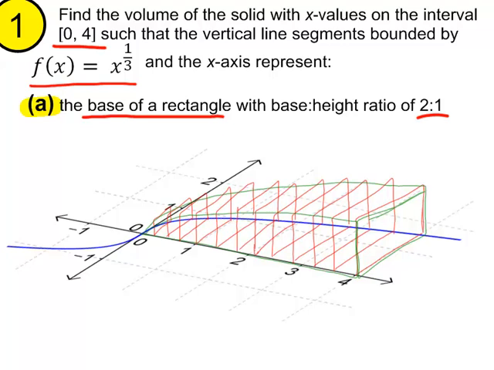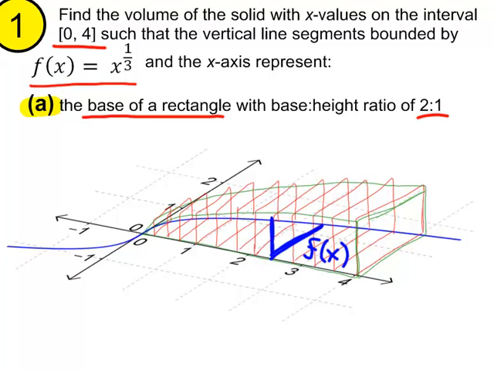Okay, so where does all the math fit in? Where does this f of x fit in? Keep in mind that for any given rectangle, and I'm just going to pick one at random here on the screen, let's say this one right here, its base was given by f of x. So let's write f of x there. And its height was in a 2 to 1 ratio, or I should say base to height is in a 2 to 1 ratio.